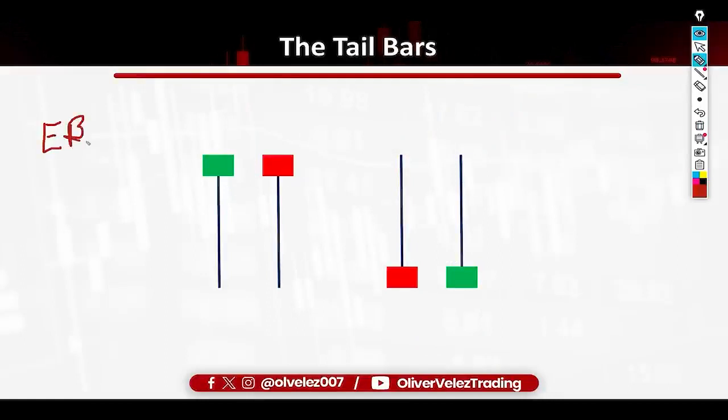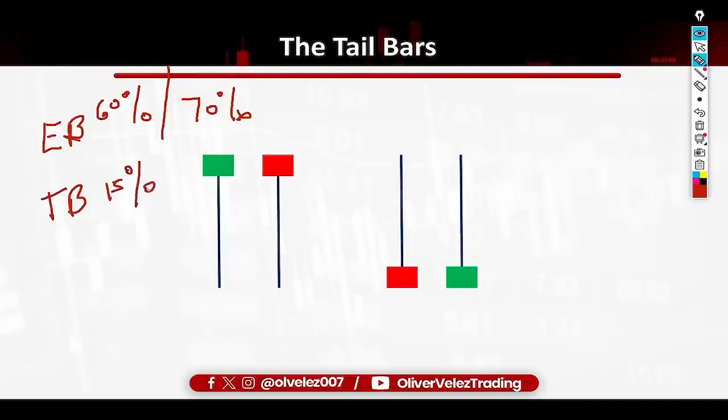The elephant bars, you're going to do that about 60% of the time, and that has a 70% follow through rate. Tail bars, you're going to do these 15% of the time, and they have a 70% follow through rate. I know it's hard for me to draw very well with this, but you get the point.